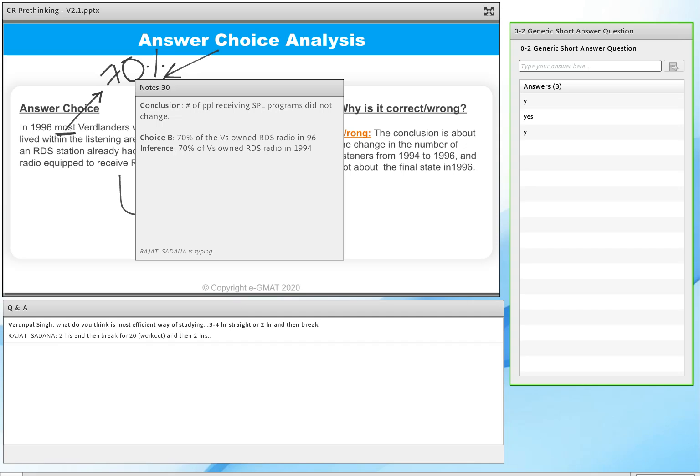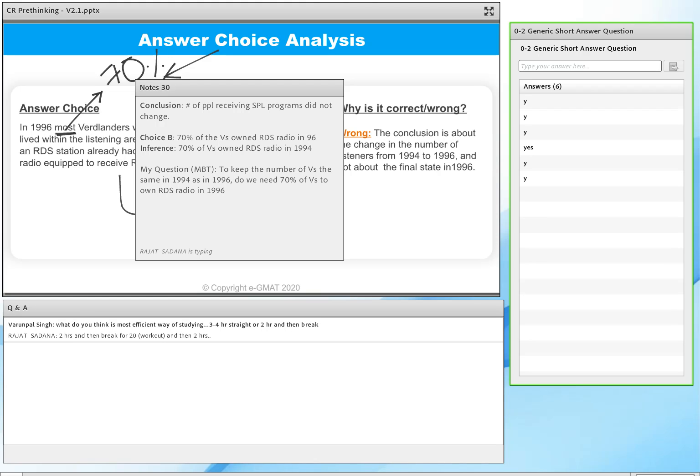So my question, which is also the must be true question, is do we need to keep that? Do we need that?